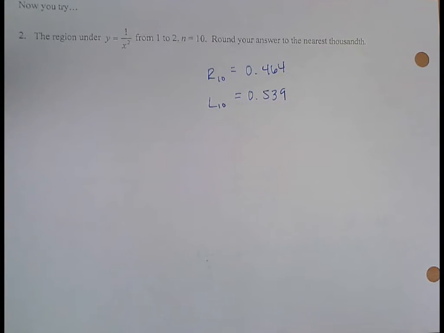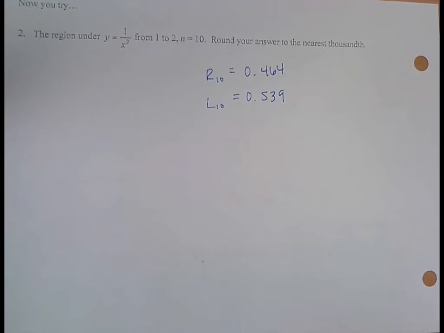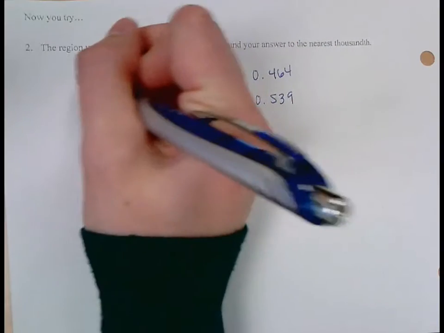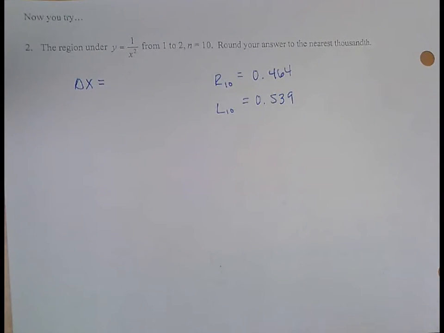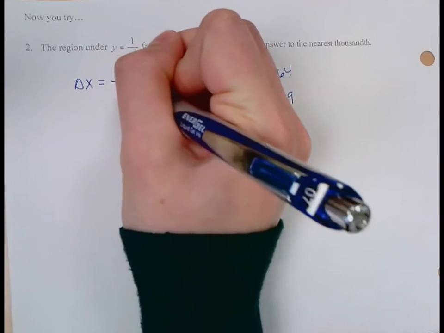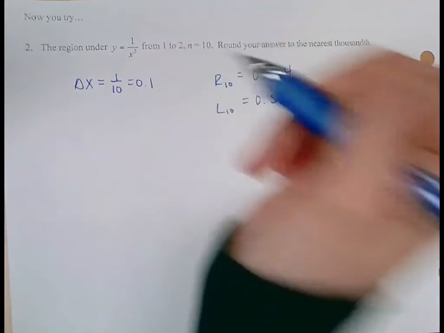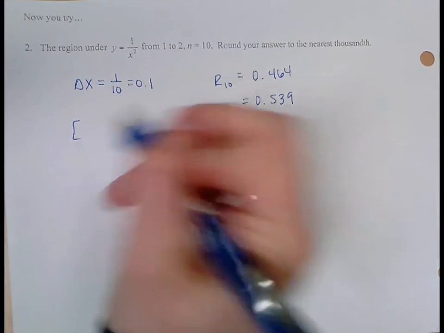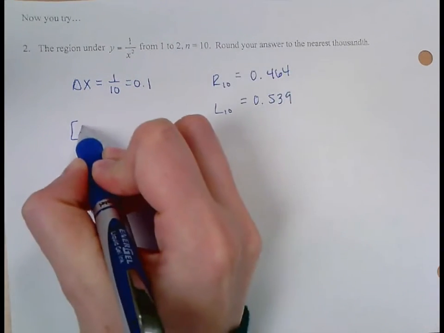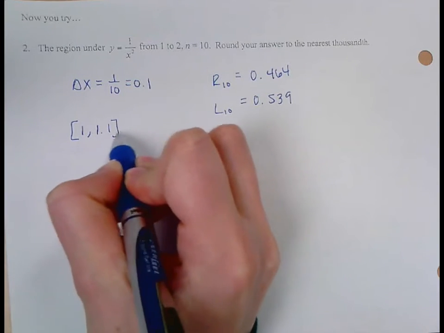Yes, just 1 second. So if you didn't get these, here's some things to check. For this problem, what is your delta x? 1/10 or 0.1. So if you listed your intervals, really you just need the first interval and the last so that you're able to see from the left or right what your beginning height and your ending height would be. The first interval, you're starting at 1, would be 1 to 1.1.